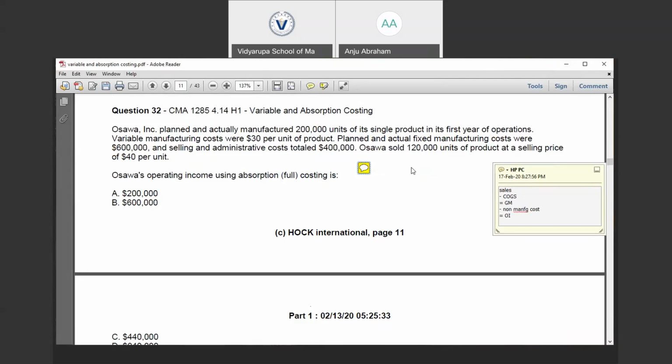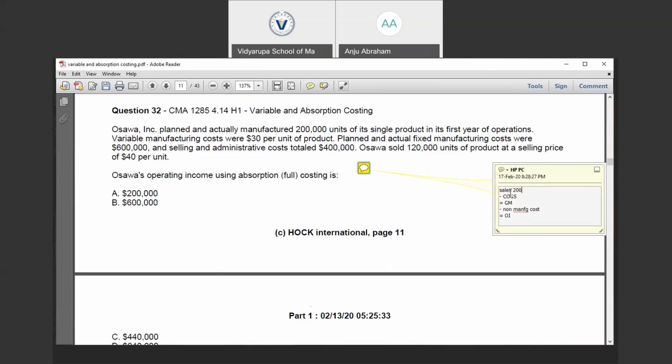What is the sales value? The sales value is provided to us. We manufactured 200,000 units and the product selling price is 40. Let's compute and see.